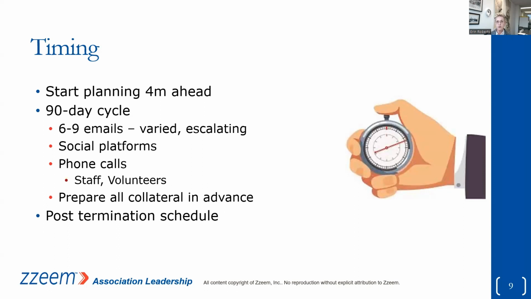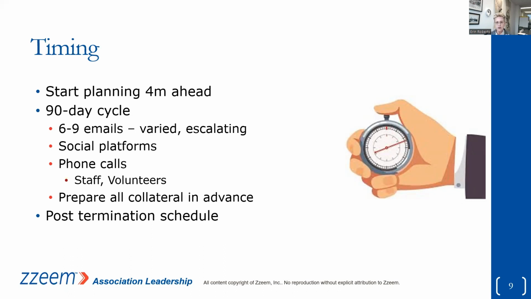So make sure people understand, and ideally it's in your bylaws, that they've got a maximum of 30 days after that expiration date. And after 30 days, they get no more membership privileges. They are cut off from the communications, and the only communication they're going to get from you is the communication you've already planned with respect to your nurture campaign. So make sure people are very clear on what termination means and when it happens.